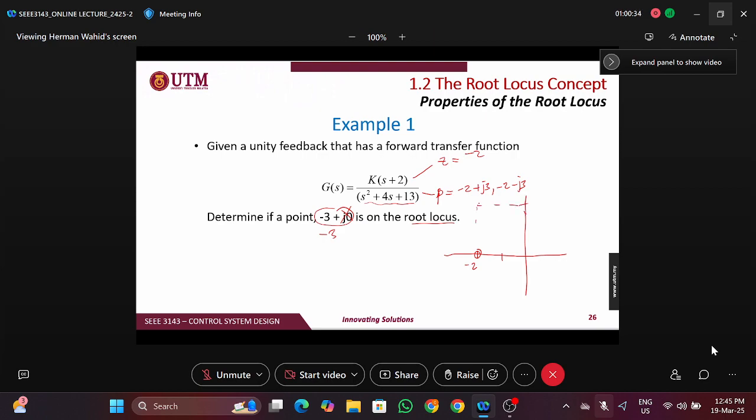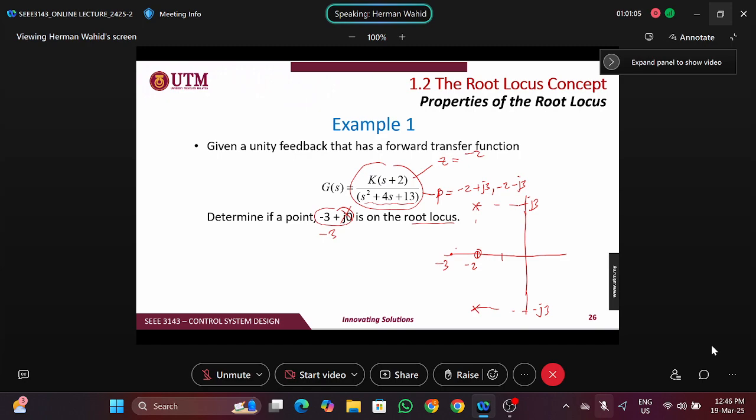So here, this is j3, and we have another one here, -j3. Okay, so we have located all those poles and zero from the transfer function. Now, the test point is at -3. So we have another point here. Currently it's not a pole. It is just a testing point, -3.